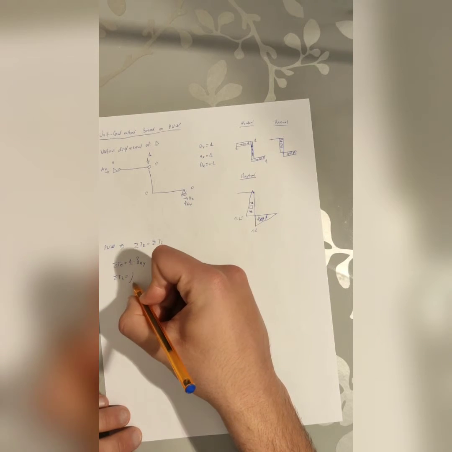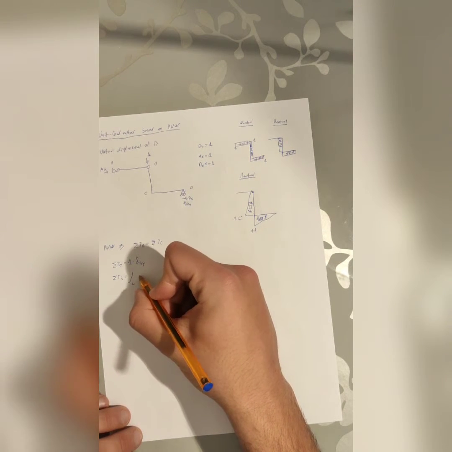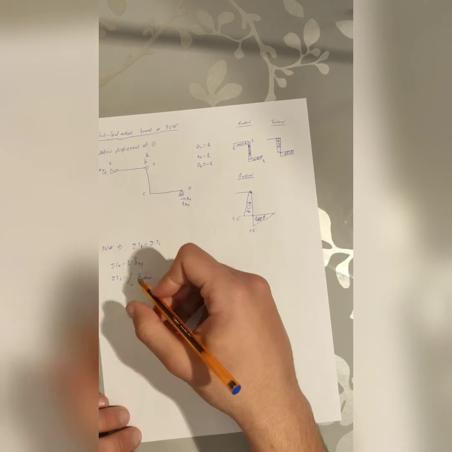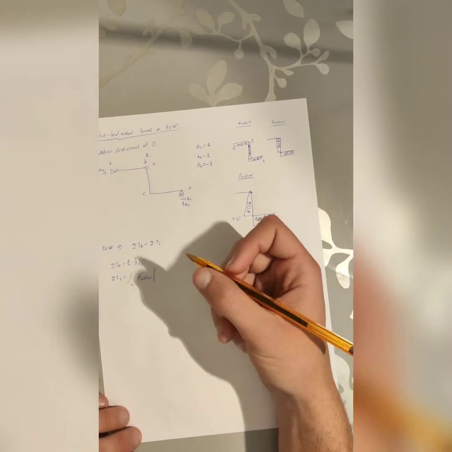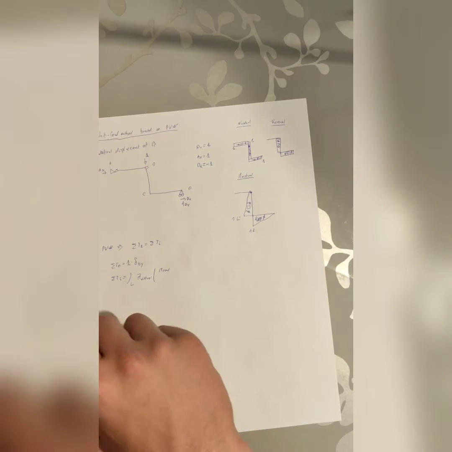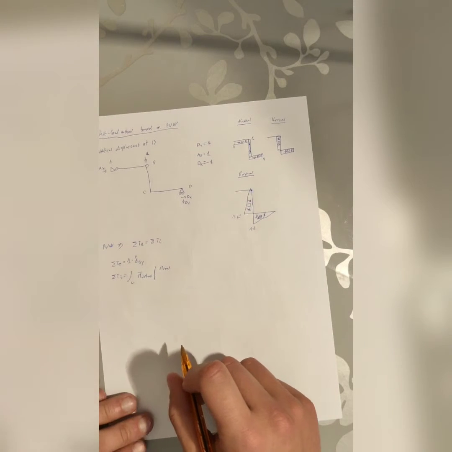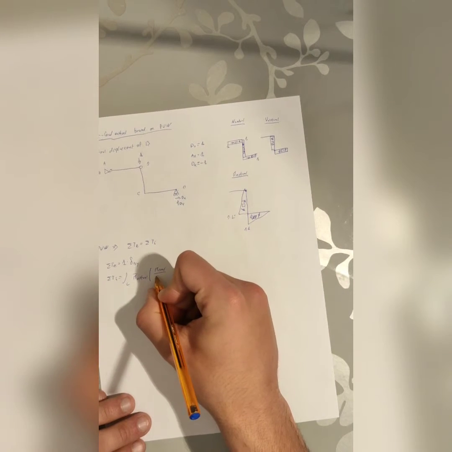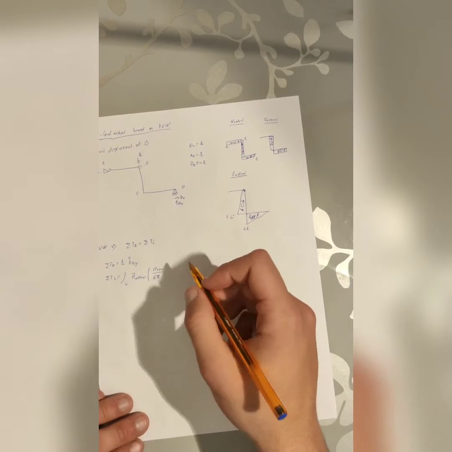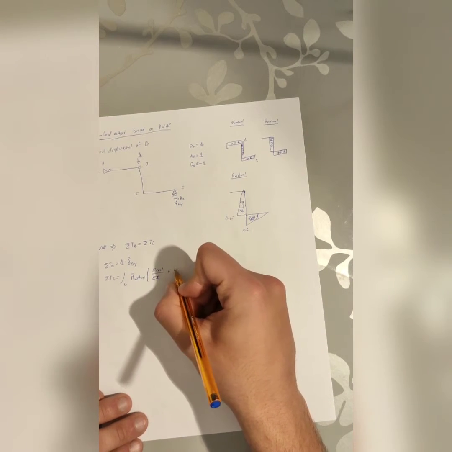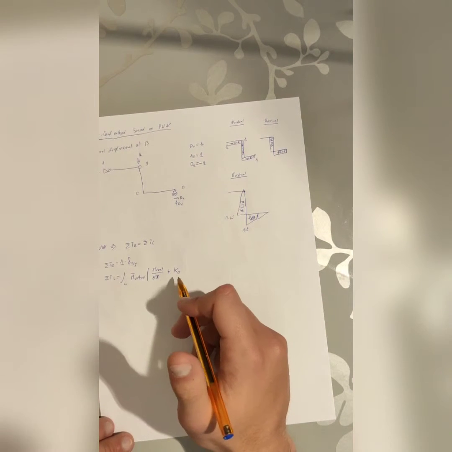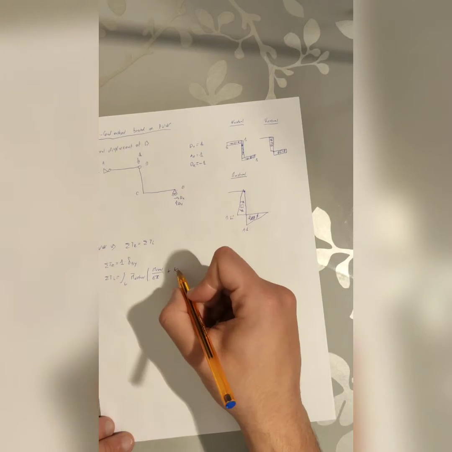Therefore, this is the integral of the product of our virtual moments times the real system, which is equal to M0, calculated in the previous section, divided by the modulus of Young and inertia, plus K0.